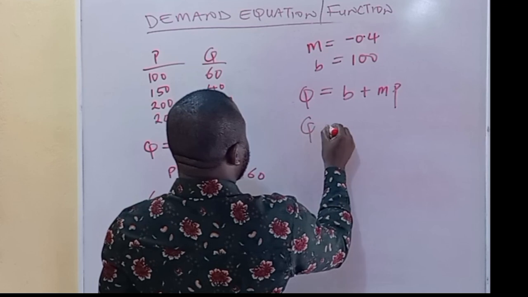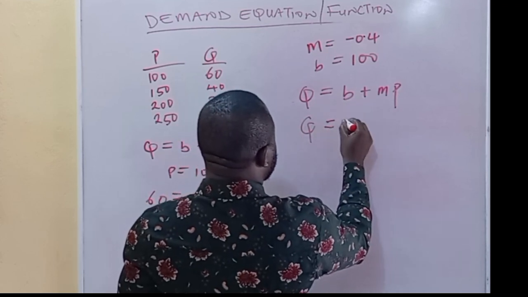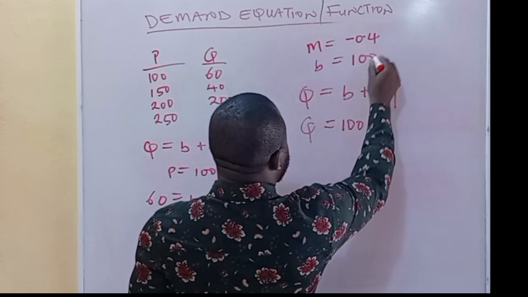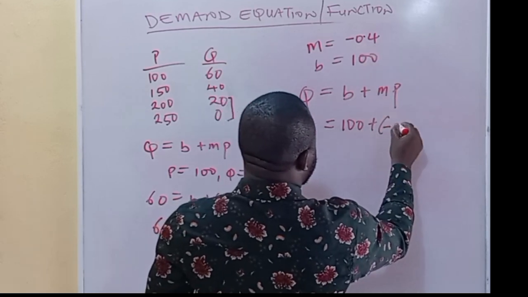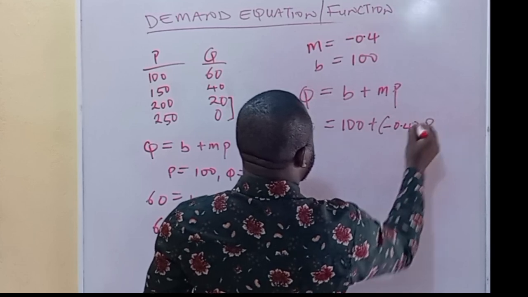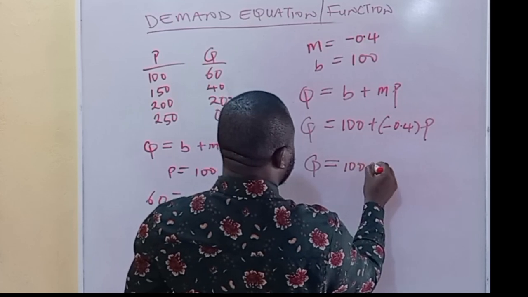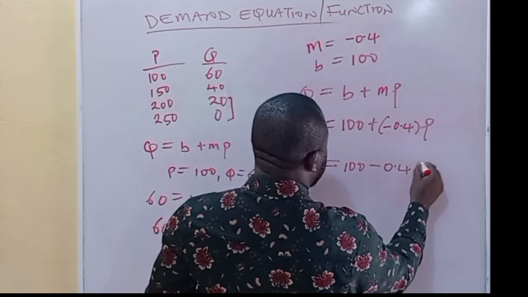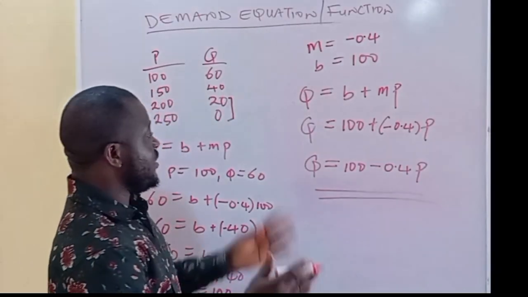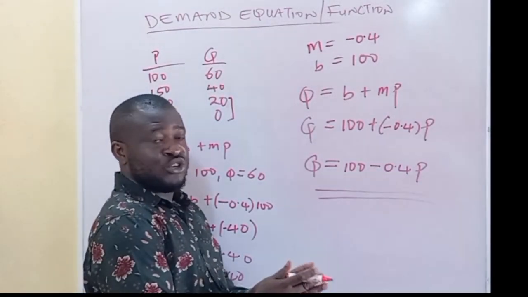Now B is 100 and M is minus 0.4, so Q equals 100 plus minus 0.4 P. By opening the bracket, Q equals 100 minus 0.4 P. And this is the demand function in its conventional form.